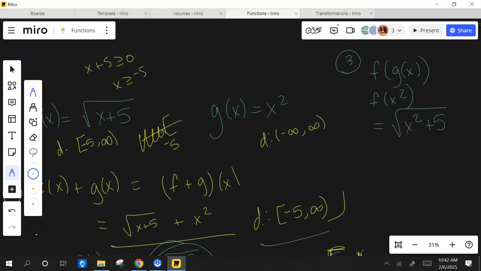It's not distributed, it just replaces the x. So what was f of x? The f of x is the square root of x plus 5, so I take whatever g equals and it replaces just that. It doesn't multiply or anything like that. So when it replaces it, I get the square root of x squared plus 5.